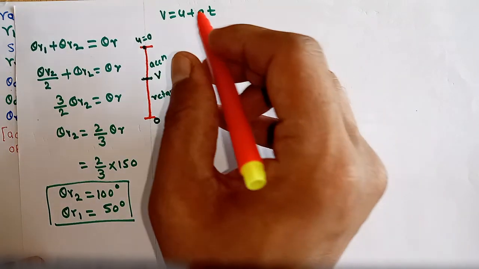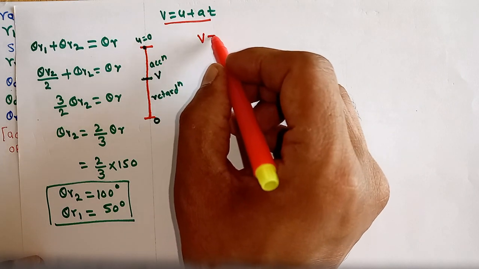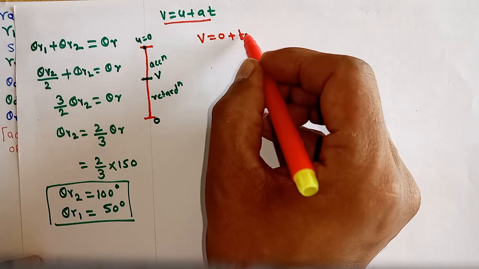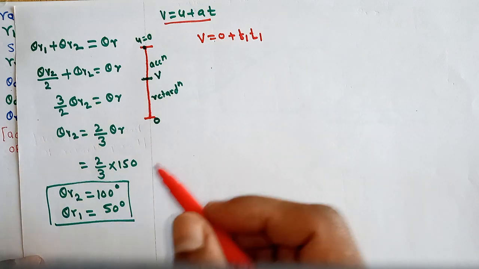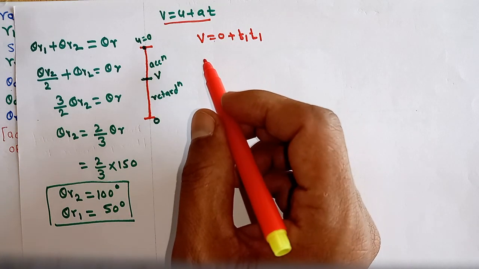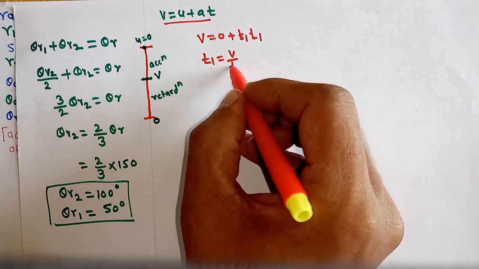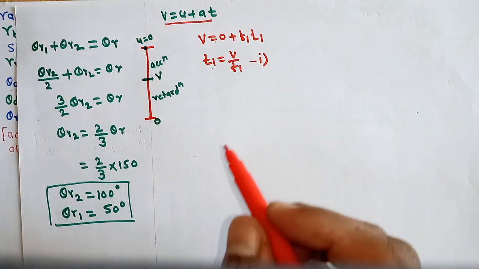So during acceleration, if you apply this equation, V is equal to the initial velocity, which is 0, so 0 plus F1, where F1 is the acceleration and T1 is the time required for acceleration. From this we get T1 equals V upon F1. Call this equation number 1.